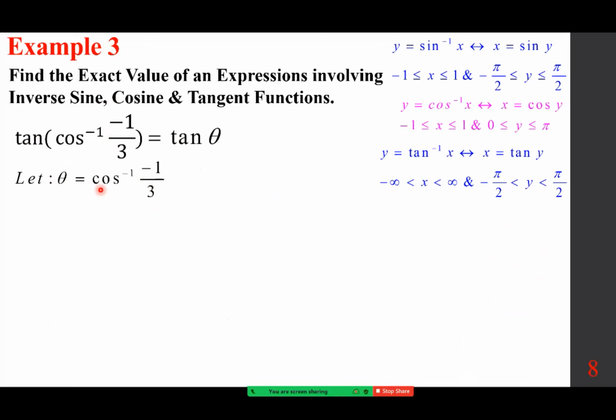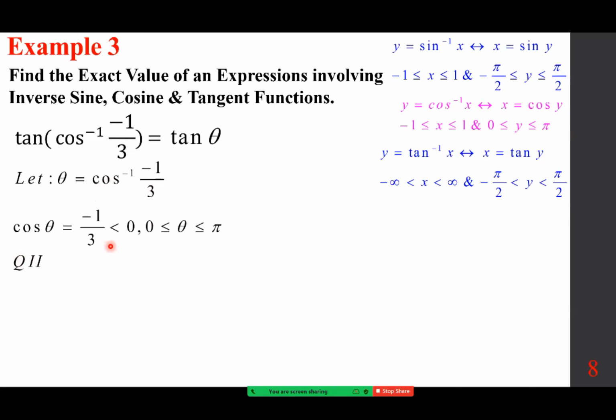And before we do that, we notice that in this case, theta is between 0 and pi, because remember, in the case of a cosine, 0 to pi. And if cosine is negative from 0 to pi, must be in the second quadrant.